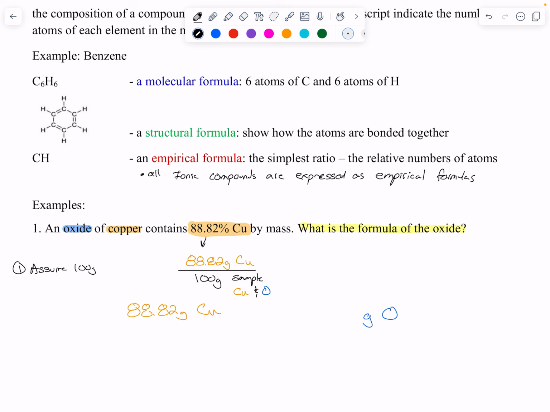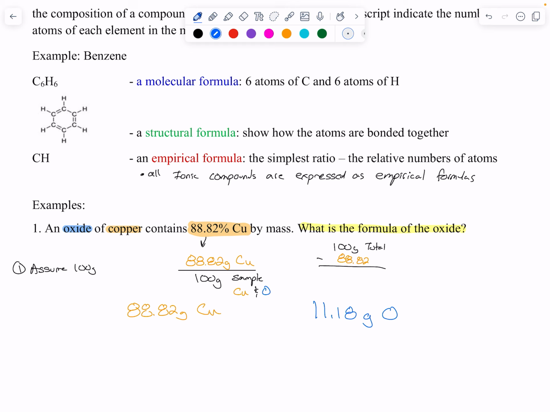We'll do the 100 grams total minus the 88.82, and that looks like 11.18 grams of oxygen, because they have to total 100%. Since I have 100%, we're just going to assume I can have the 2 decimals. That's not a sig fig situation.